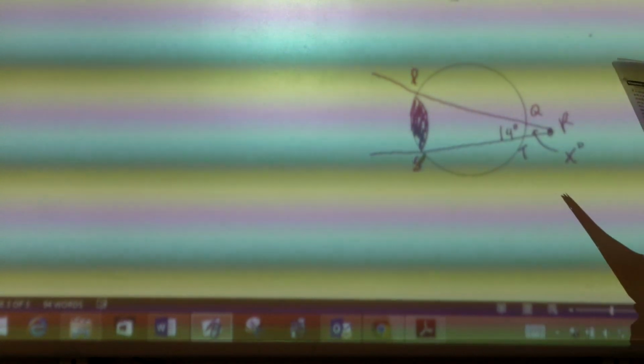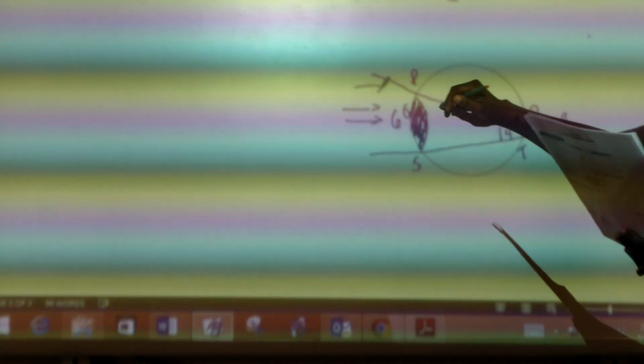We don't know the angle measurement. It tells us that PS, which is right here, is 60 degrees. That's the lights going into the eyeball. Everybody see that? And so we want to figure out, in the eye shown, what's the measure of angle QRS?